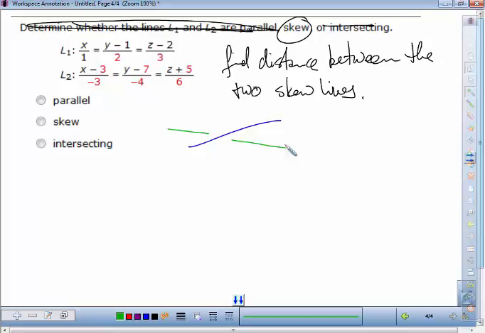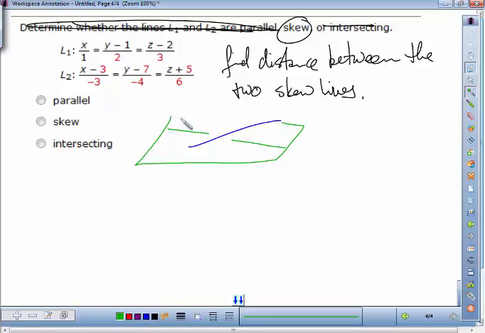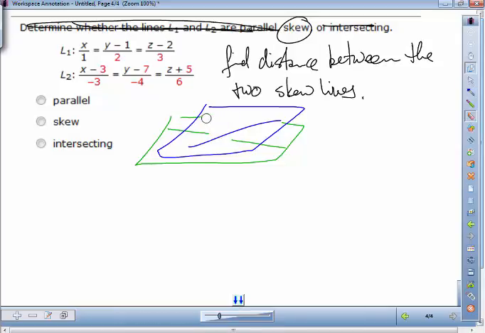Okay? So what I'm trying to say here is that if you have two skew lines, those skew lines would lie on two planes that are parallel to each other. You see? So our task is really to find those two planes and find the distance.